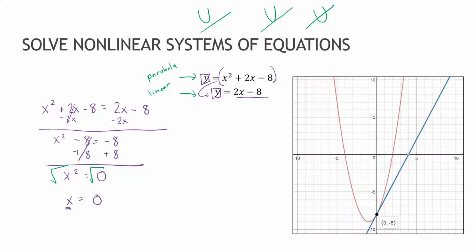I'm going to choose to plug it into my second equation. y equals 2 times 0 minus 8. y equals 0 minus 8. y equals negative 8. So my solution, always written as an ordered pair, is (0, -8). Again, I can then graph those on Desmos and find that that is in fact the one solution.